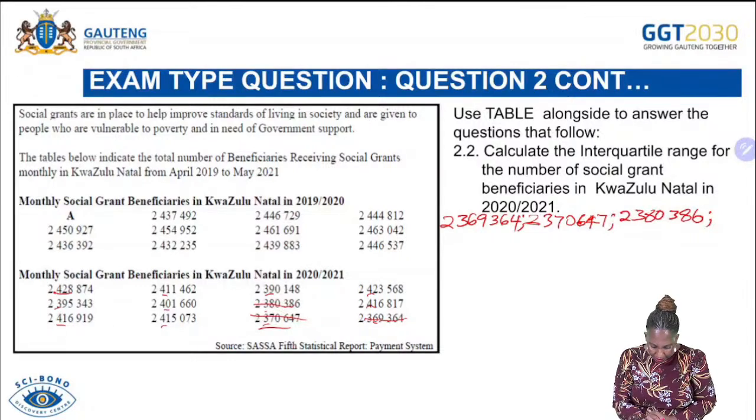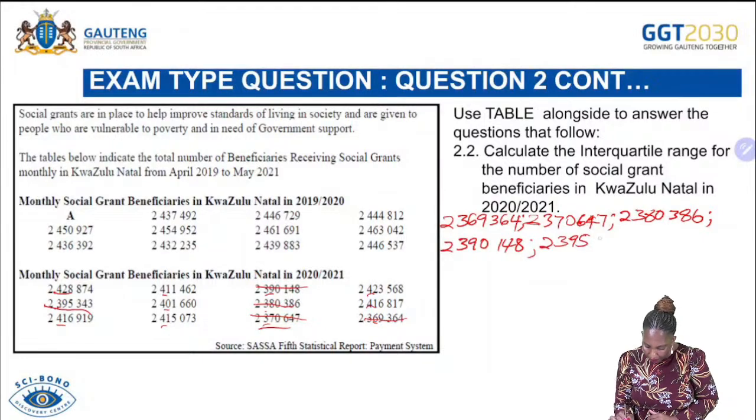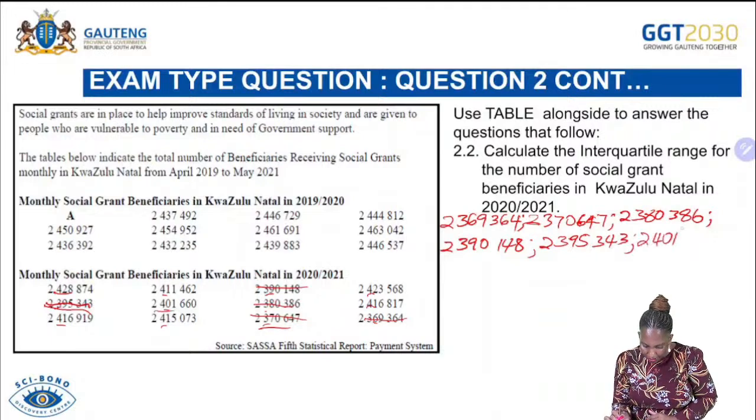From 380 we go to 390. Now we have 2390148, and then we are done. We move on to 395. It's 2395, 343, and now the next one will be 401, 2401, 660.